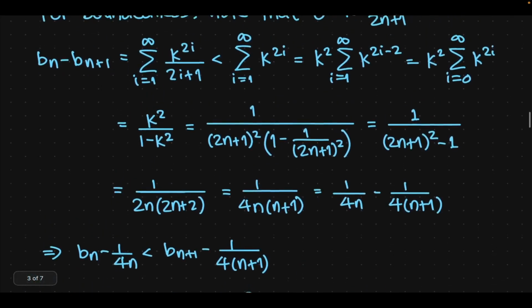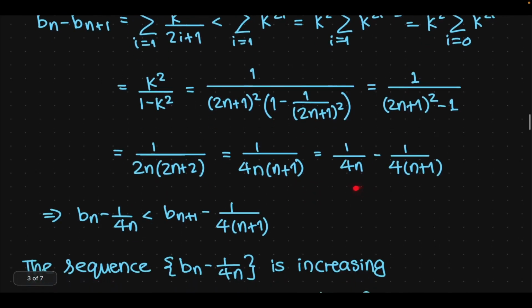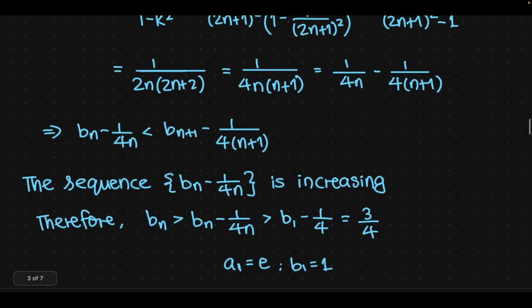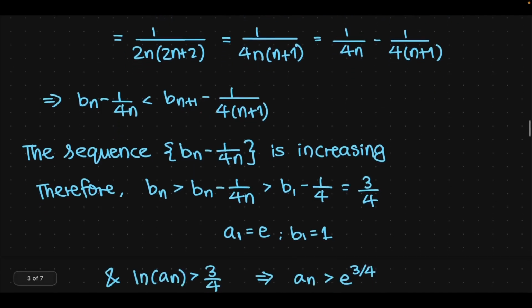So we can observe from this that bn minus 1 over 4n is less than bn plus 1 minus 1 over 4 times n plus 1. This is just rearranging that inequality. So if we consider the sequence bn minus 1 over 4n, you notice from this last implication that the sequence is increasing, right? Because this term is less than its successive term.